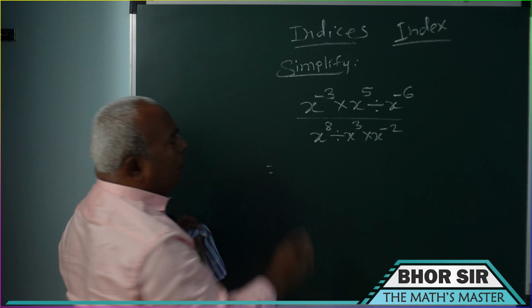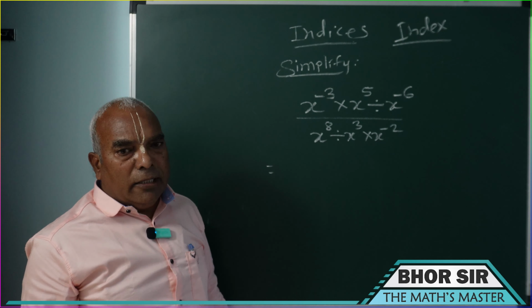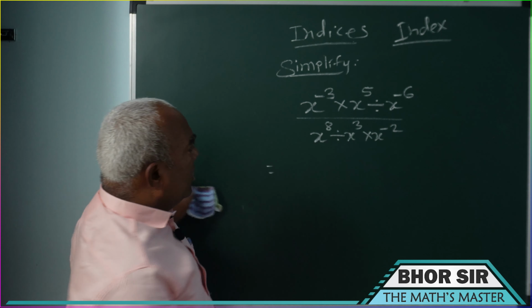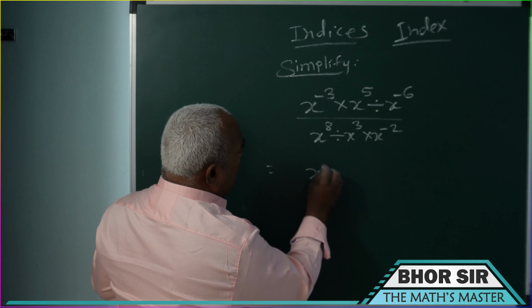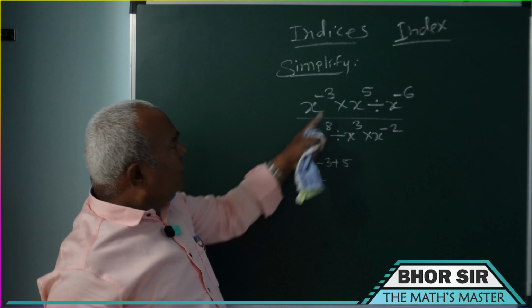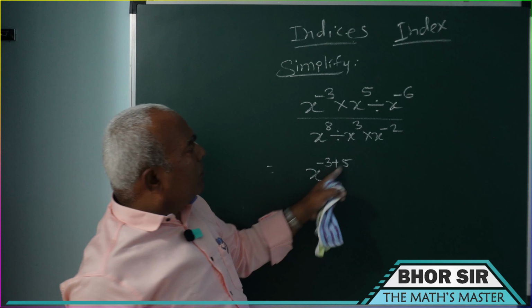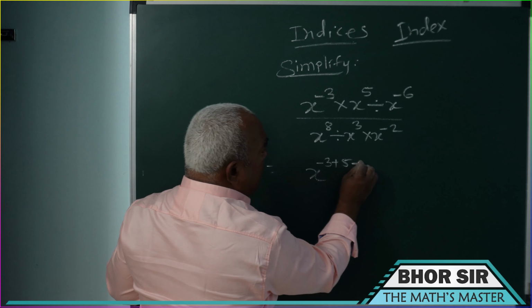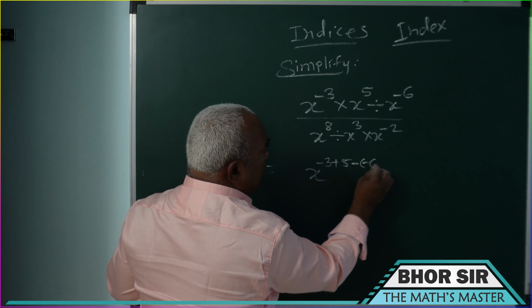This way given. And we have to simplify this. Then how to do this here? x raised to minus 3 plus 5. See now here. Now here division, so minus for division and again minus 6.